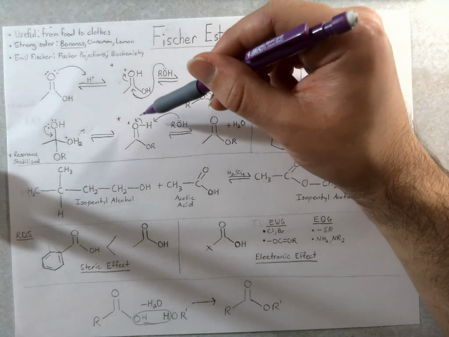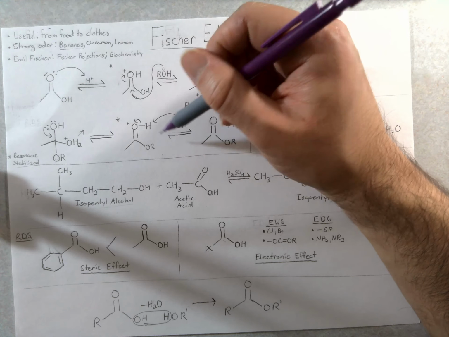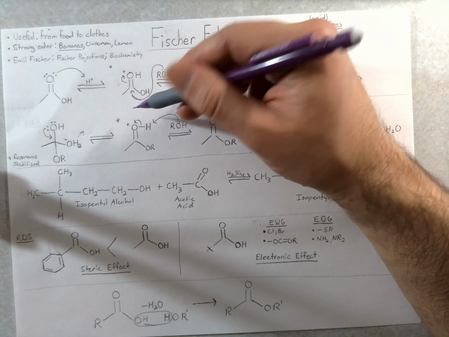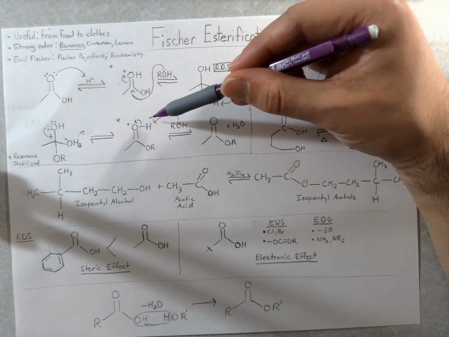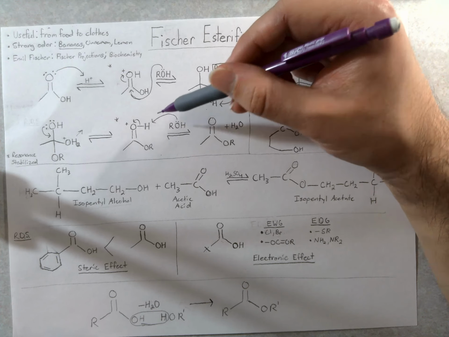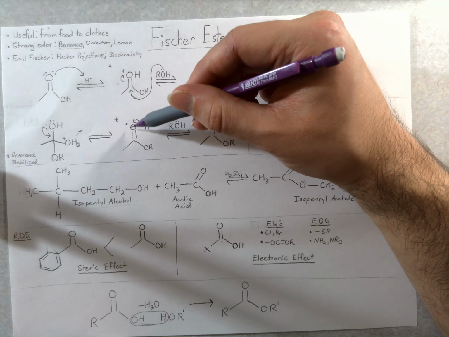So now here we have another triple bonded oxygen with a positive charge. It wouldn't mind giving up a proton. So here we have one more of our solvent molecules removing the proton from this carbonyl oxygen.